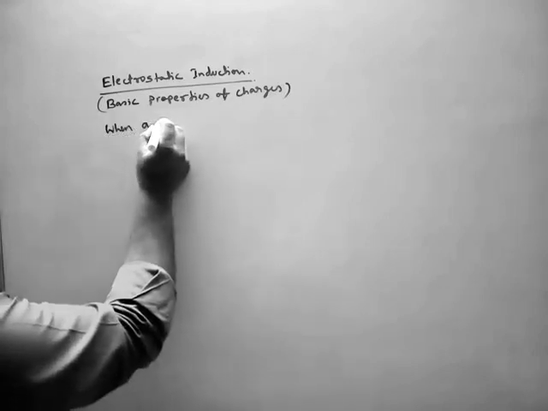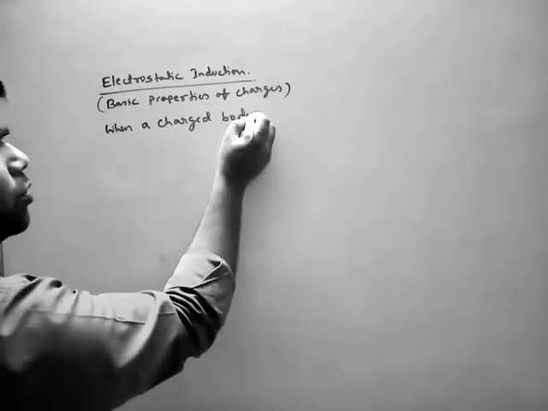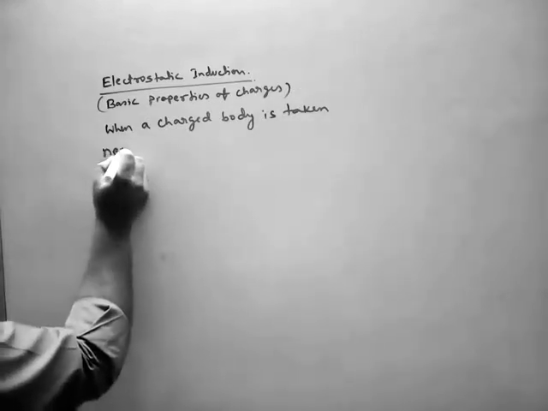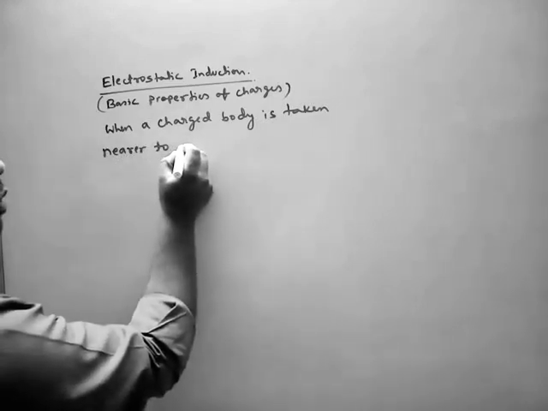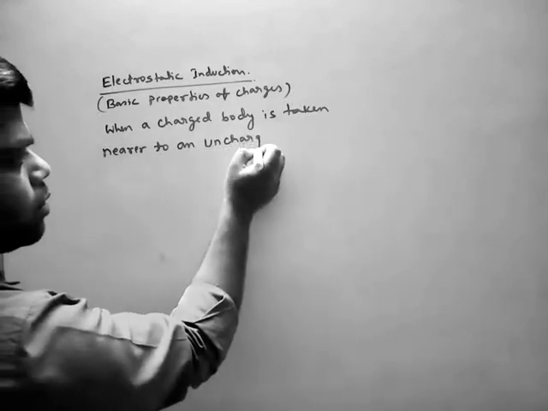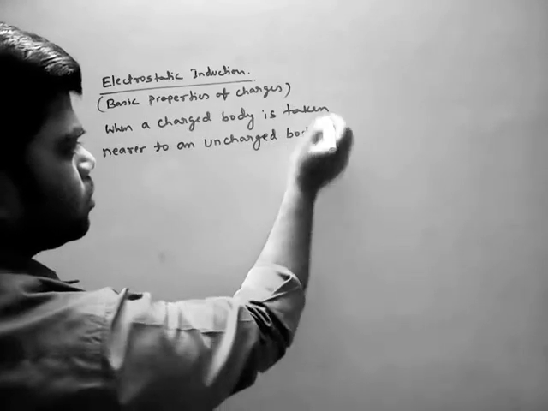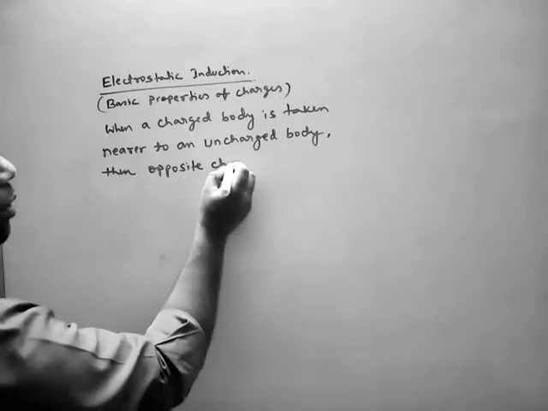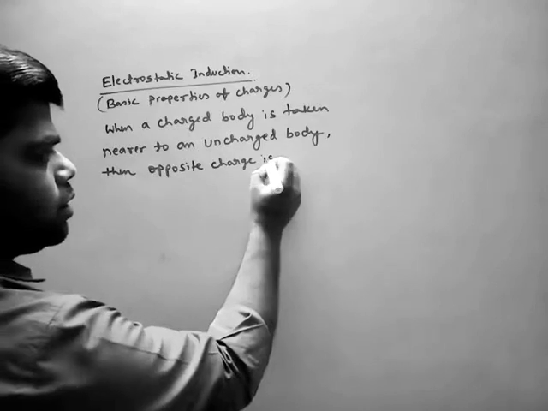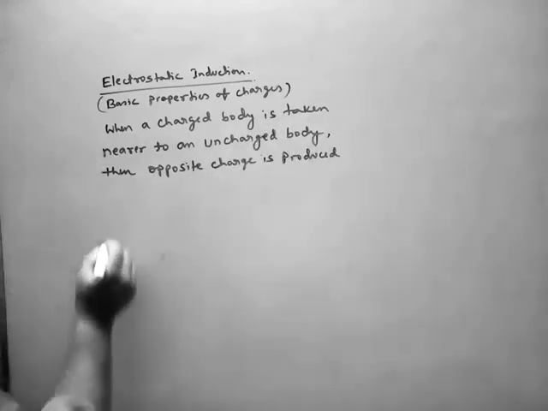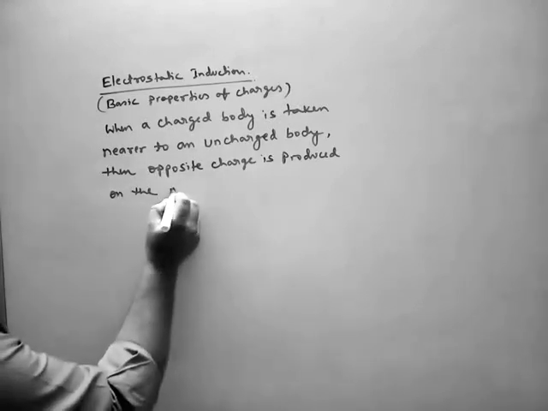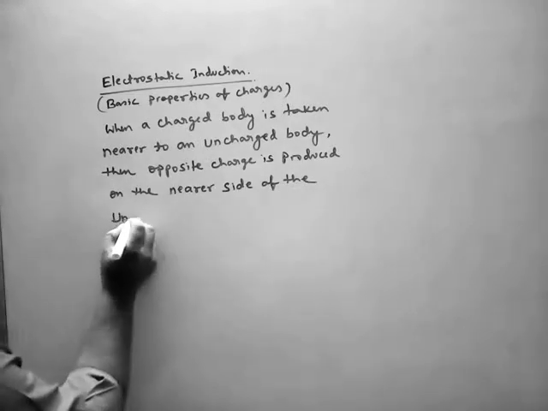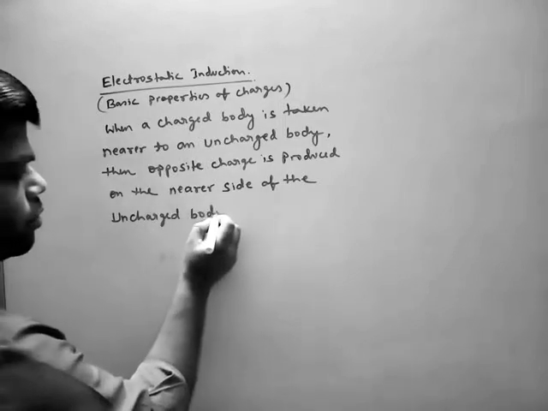When a charged body is taken nearer to an uncharged body, then opposite charge is produced on the nearer side of the uncharged body.